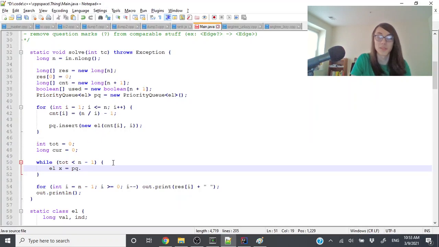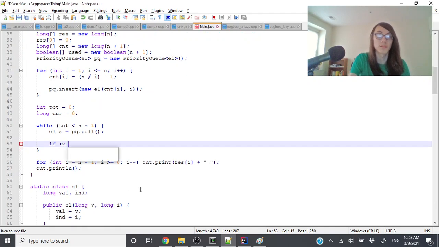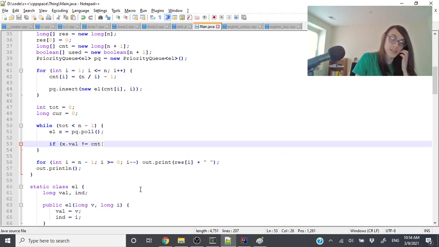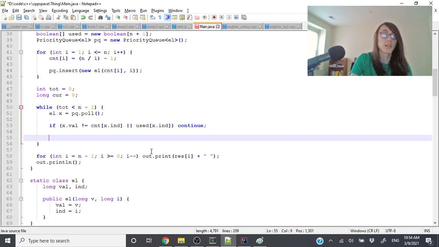I remember poll is cool because it actually removes it too. If x.val is not equal to count. So if we determine that this has to be at a lower benefit, then we can't use it because this is a higher benefit. So if x.val is not equal to the count of x.ind, or we've already used it, continue.